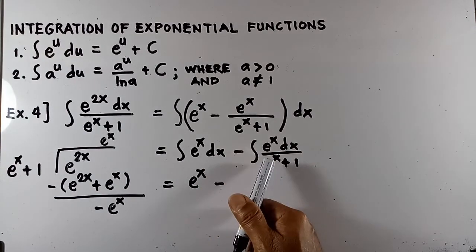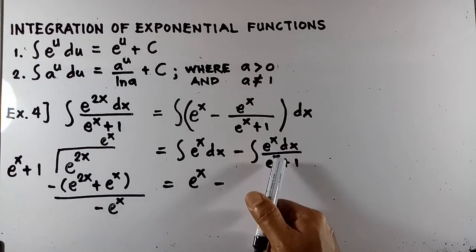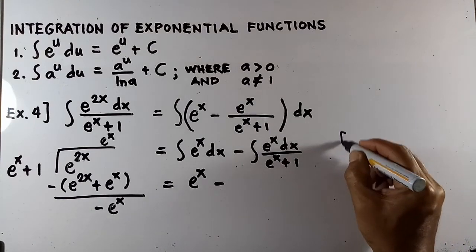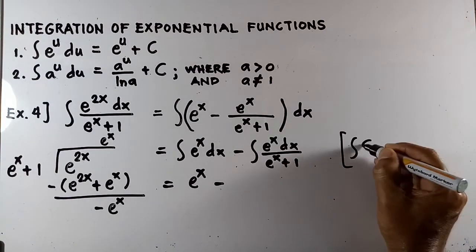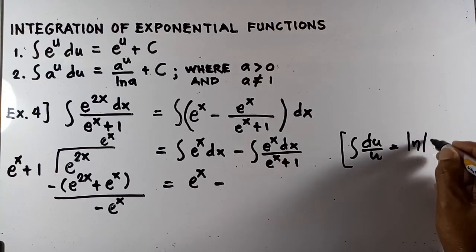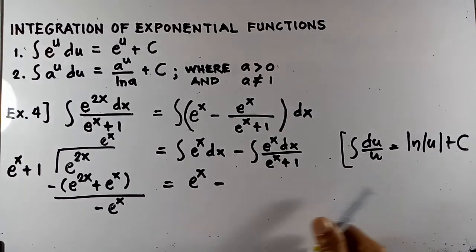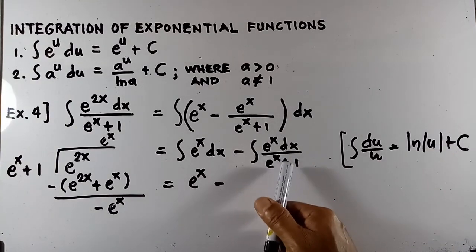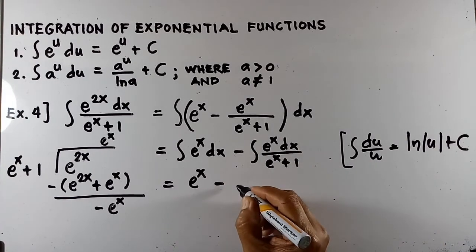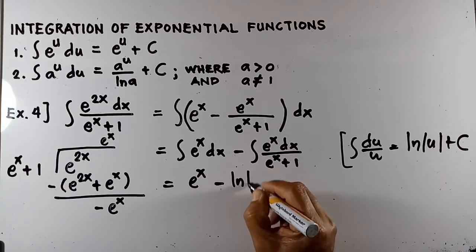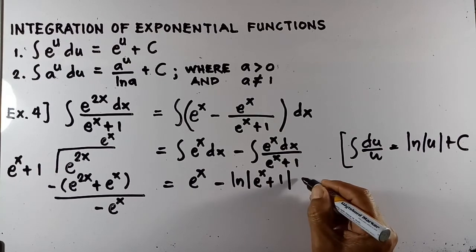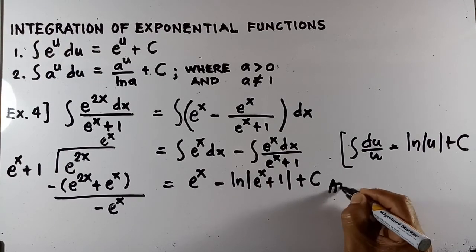And then minus. Ito naman, yung ating numerator ay eksaktong derivative ng ating denominator. So, nasa form siya ng integral of du over u equals ln of u and then plus c, no? So, yung u natin yung e to the x plus 1 at yung du natin yung e to the x dx. So, pag in-apply natin yung formula na ito, magiging ln of e raised to x plus 1 and then plus c. At ito na yung ating sagot.